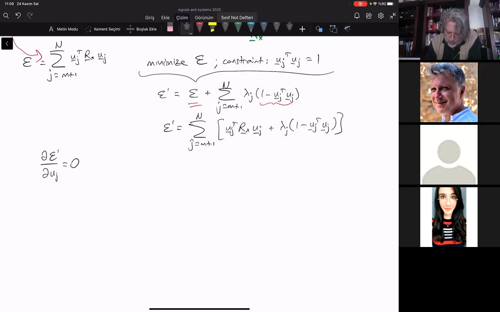So we are going to do it like this. It's the partial derivative of epsilon prime with respect to the uj vector.